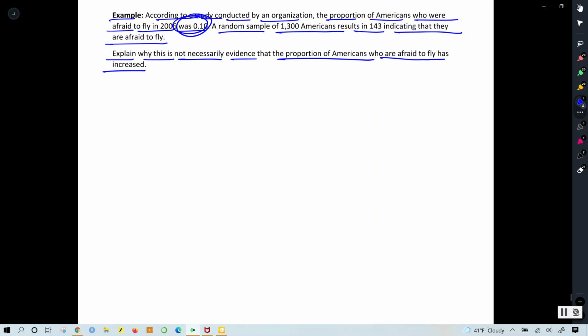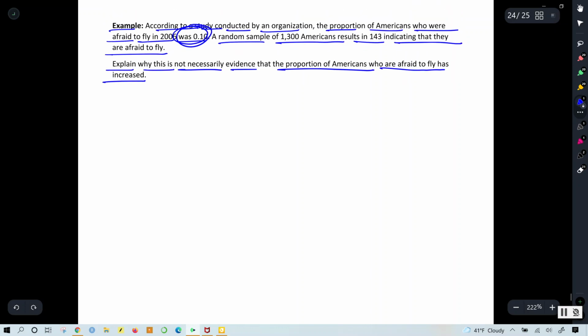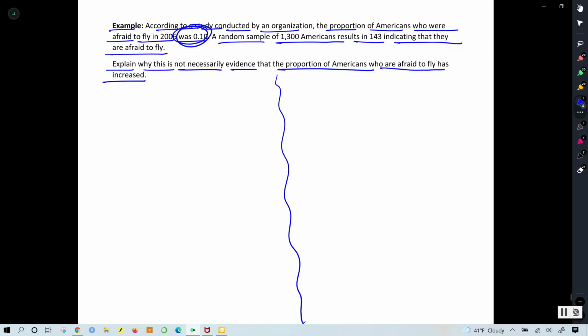How do we do this? This is a very good way to see how what we are learning can be used to ascertain or check claims in the real world. The first thing is to make a check. First of all, we note that the sample size that is taken in order to check is 1,300.